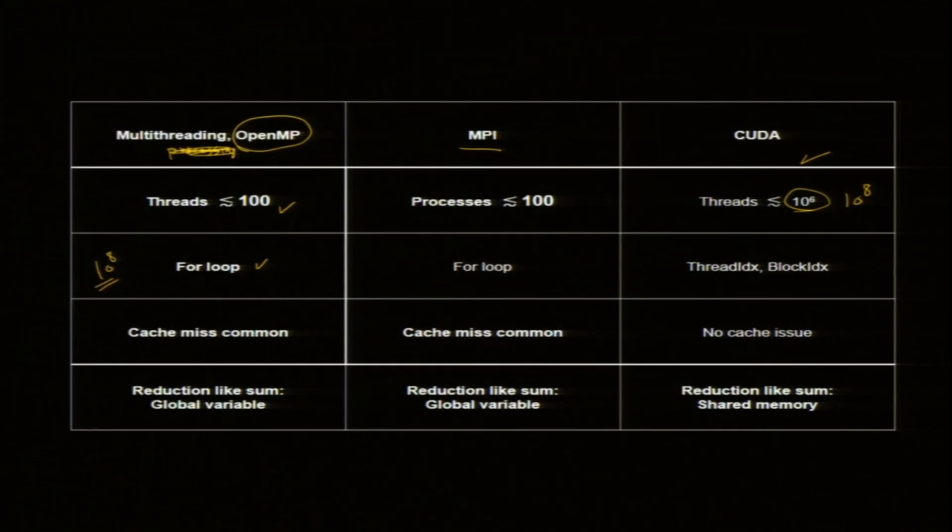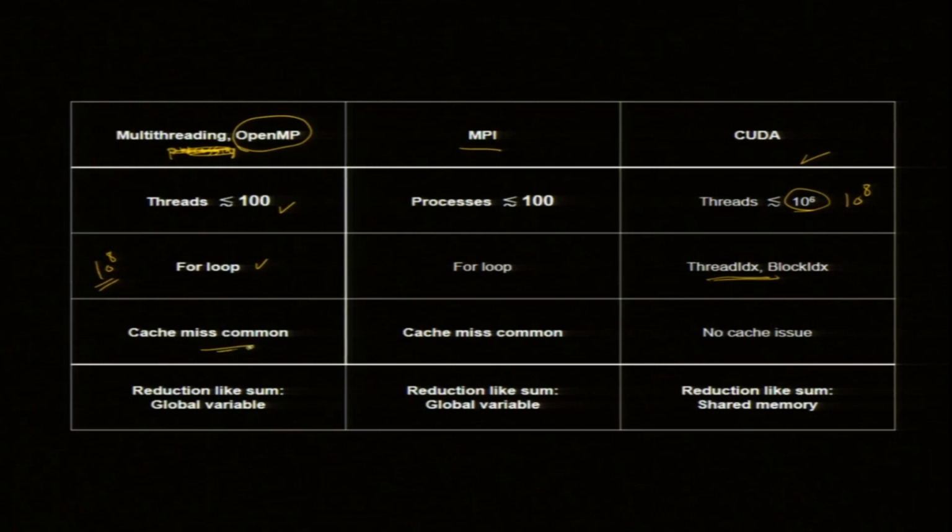These are done by loops. An array is physically divided in memory, but in CUDA, in fact, we like each array element to be a thread if possible. Sometimes it may not be possible, but each element should be a thread. In fact, you would want to do that. 10 power 9 threads, you create that, and they are handled by thread ID and block ID, no loop.